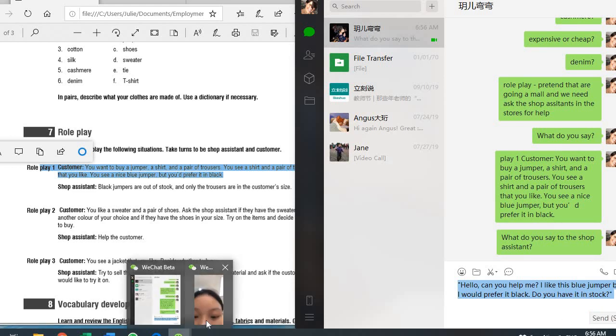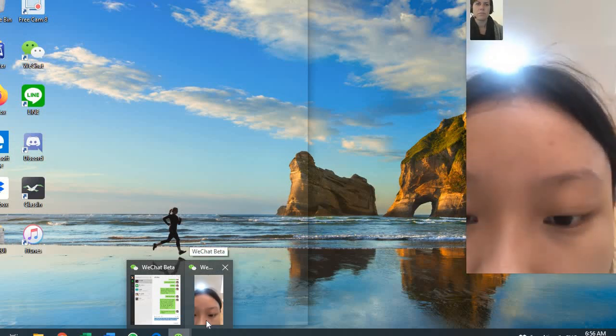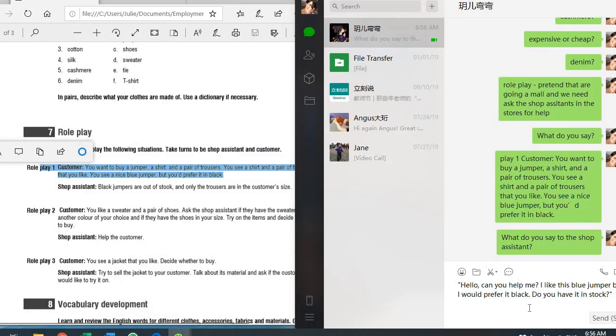Why do you say the black jumper is better than the blue jumper? Can you give me a reason? Perfect, good. So that's a good example.